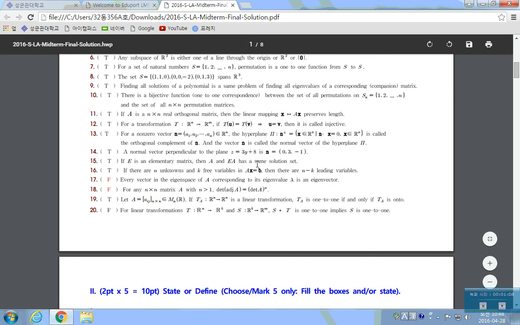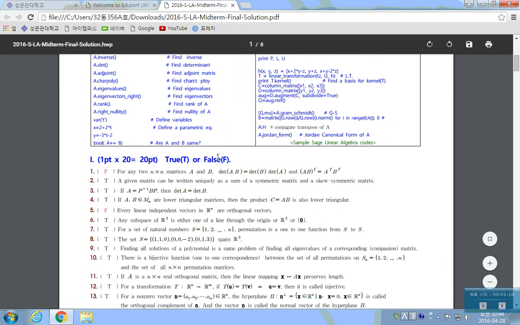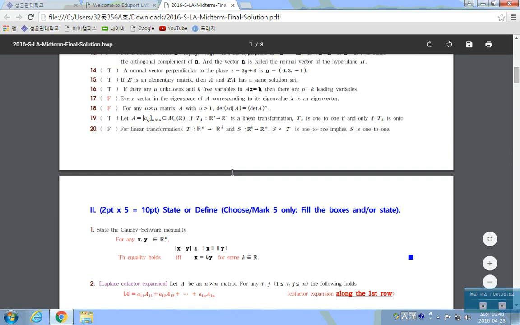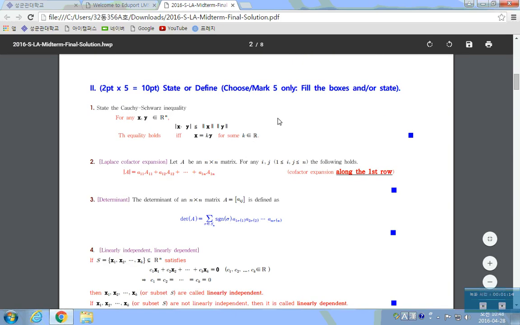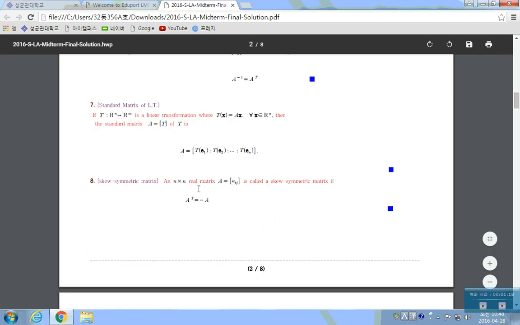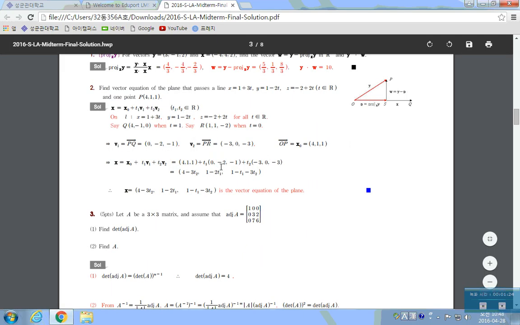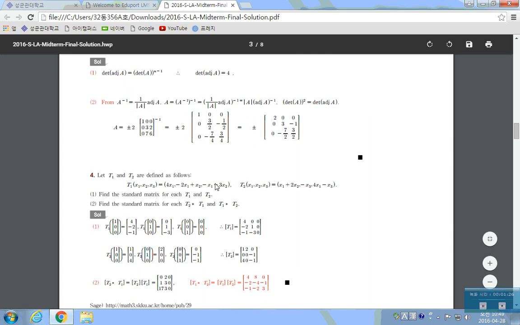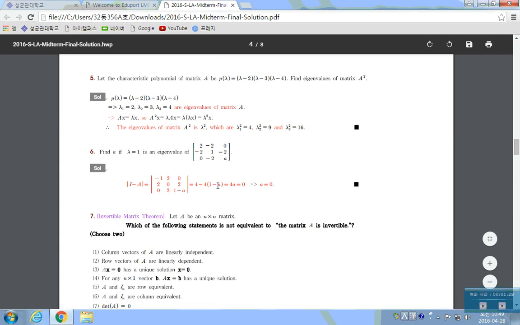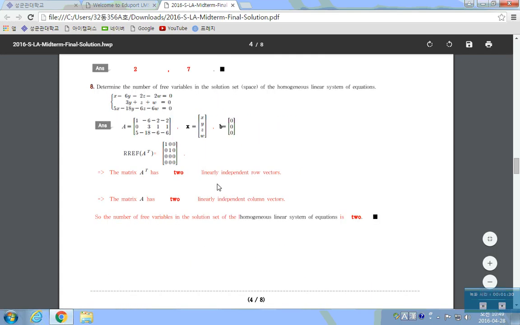I will fix it. And I gave you many true-false problems, and I asked you to write 5 definitions among these 8, and I asked you to find or explain some computational problems by hand.